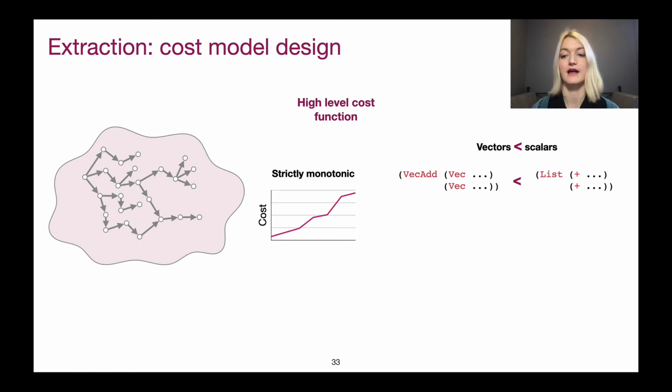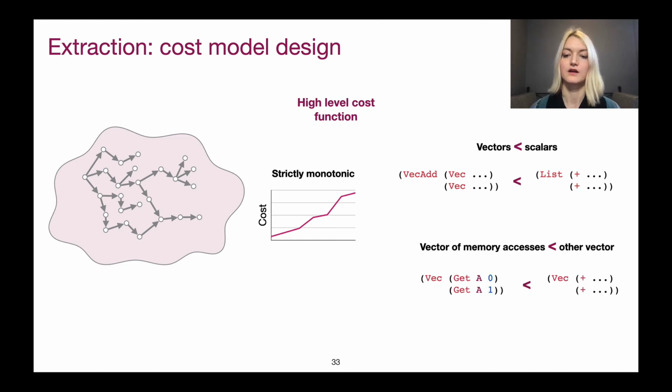The first is that vector computations should be lower cost than an equivalent number of scalar computations. And the next is that we want vectors of memory accesses to be lower cost than other vectors. Our tool can actually mix scalar and vector computation, but this rule prioritizes vectors that can be implemented efficiently on the target architecture.